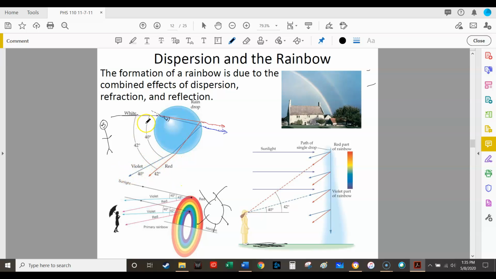And now, since it had to travel this huge path length, the light rays are really separated by a long distance, right? And for you to see that, you've got to have the sun directly behind you, not up above you. Here you won't see the rainbow. Your shadow basically should be cast in the center of this.